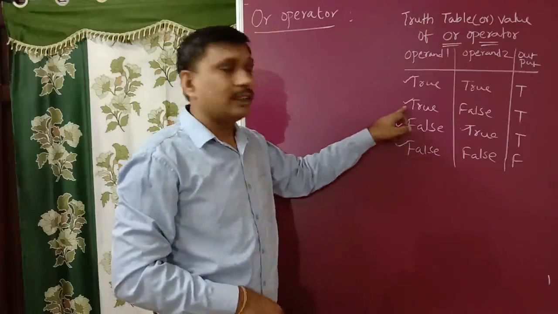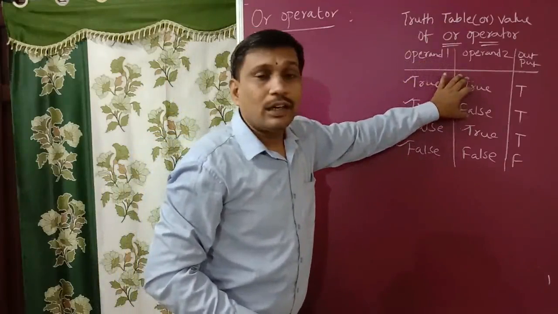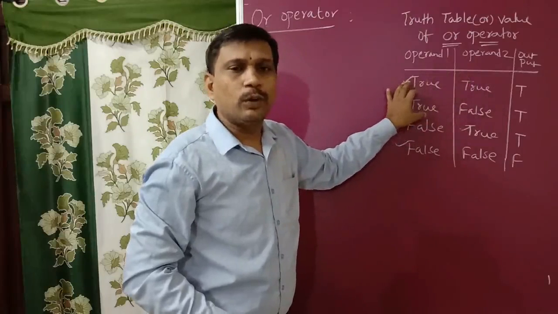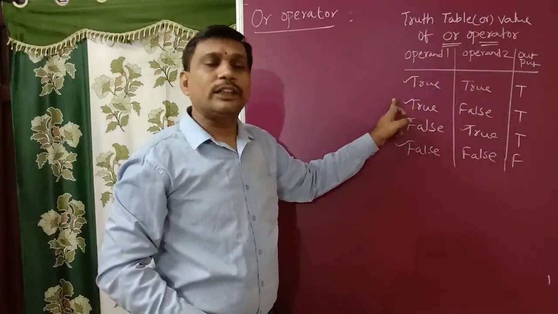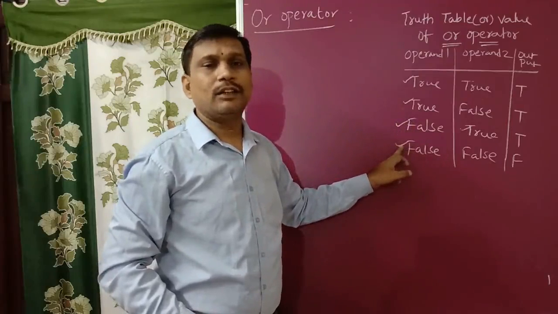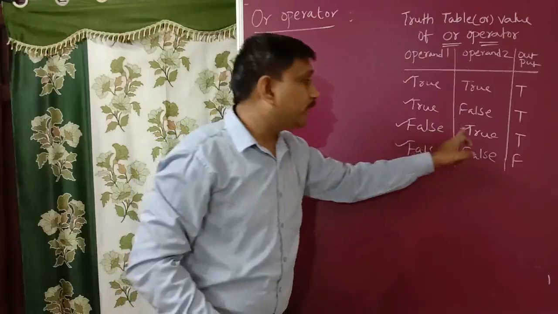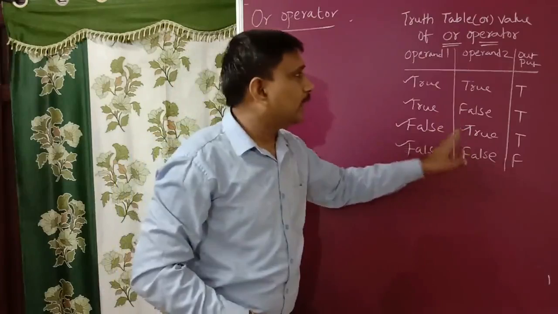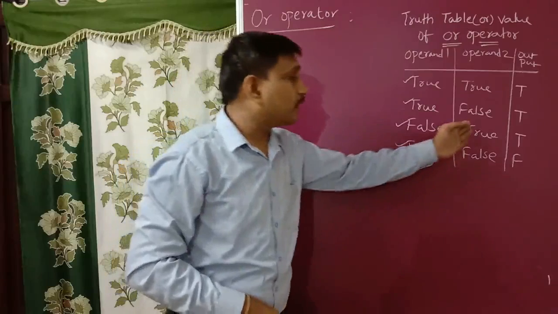In the previous two entries, without checking the second condition or second operator, we decide the output based on the first operand or first condition. But when the first operand or first condition is false, then we must verify the value of the second comparison, the second condition.